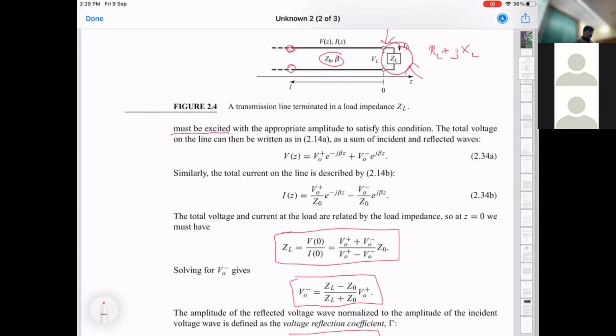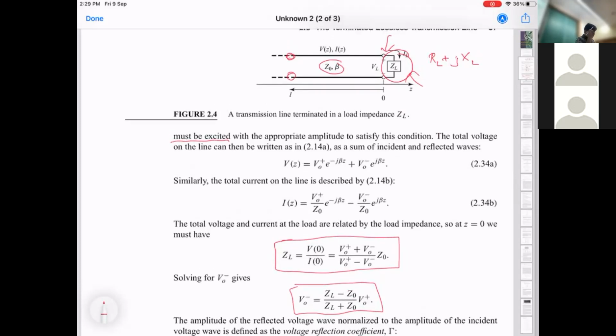The first thing you want to think about is that we are considering this to be a semi-infinite line going in this direction, so we don't really worry about what's happening on the left. We talk about a wave which is incident into this section, which is basically a section of transmission line of length L connected to this load impedance. We just write this as some incident wave coming in.